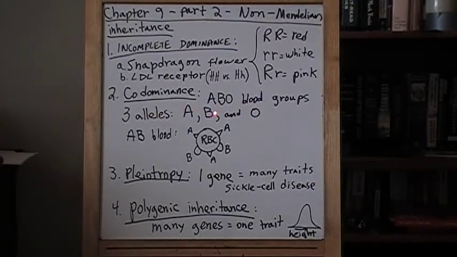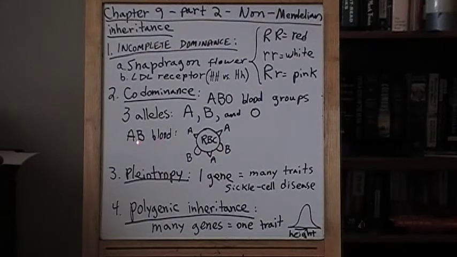So there are many different genotypes, but in each case, both of the alleles are expressed on the surface of red blood cells. So for example, in the case of the AB blood, you have both the A and B alleles being expressed. The A allele produces a carbohydrate on the surface of the red blood cell called the A carbohydrate, and the B allele encodes the B carbohydrate.